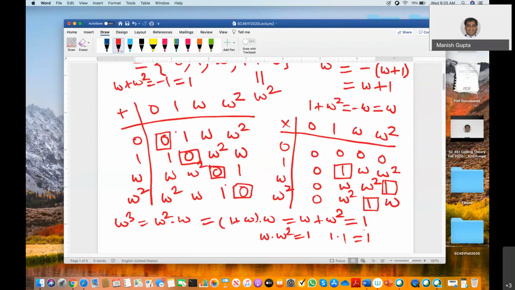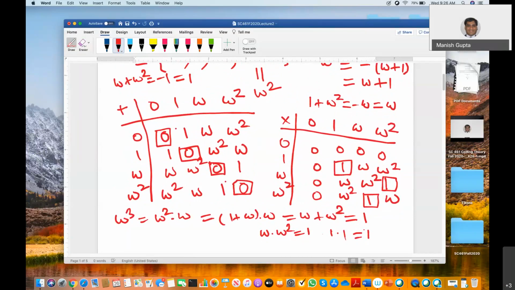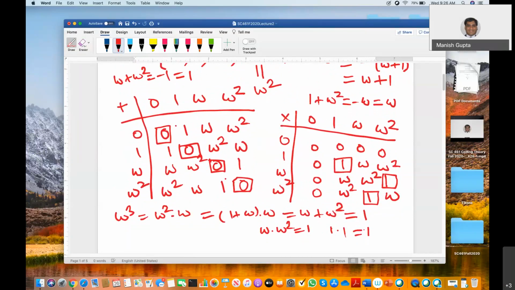You can unmute your mic and ask. Omega, right? Yes. Omega cube is equal to 1 there also, right? Is there any confusion with that and this? The question is, are they same or are they different?